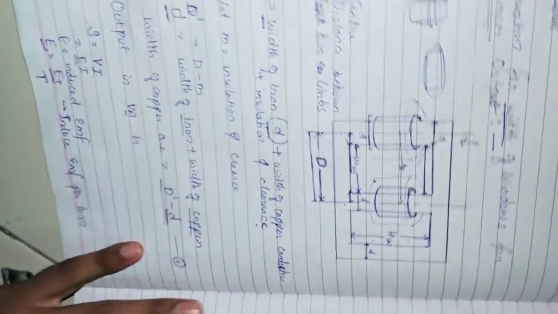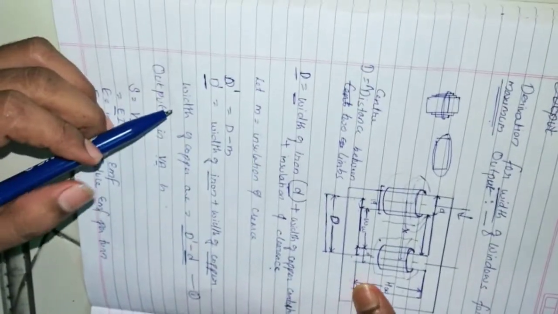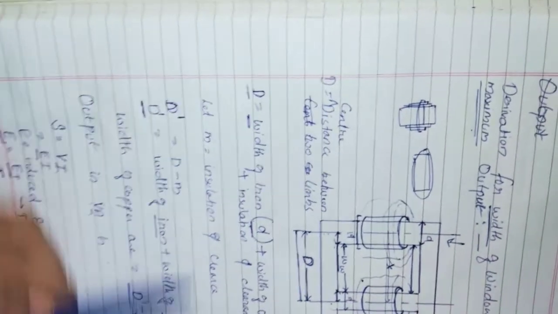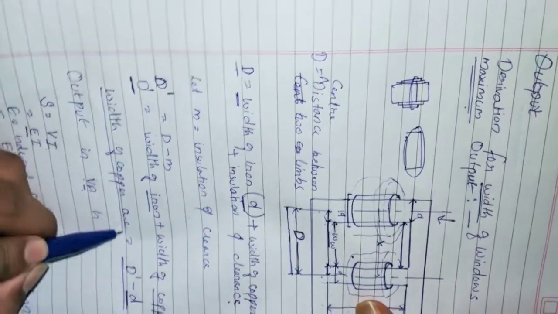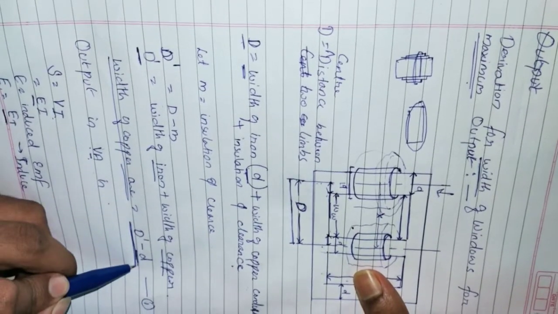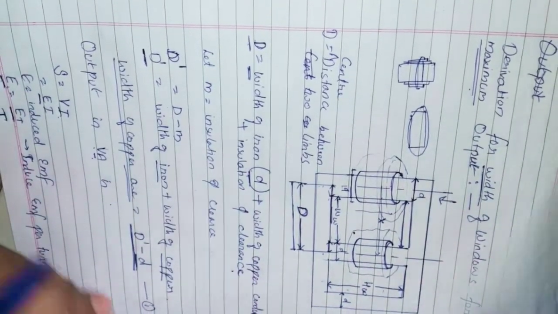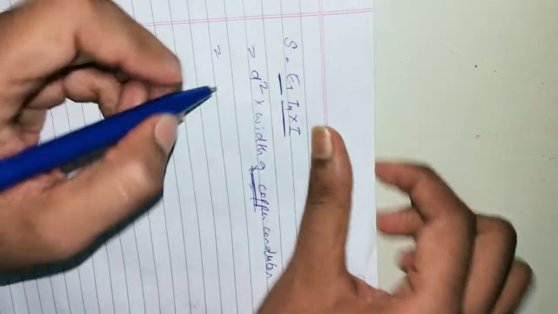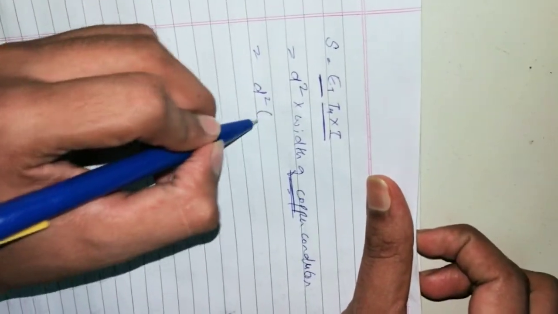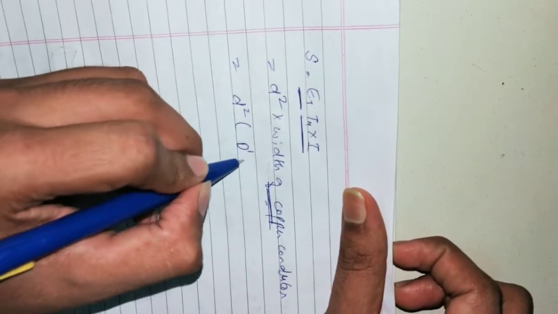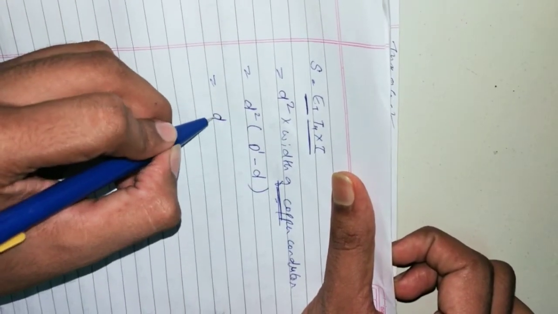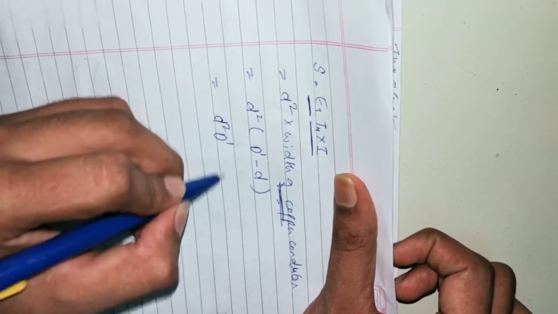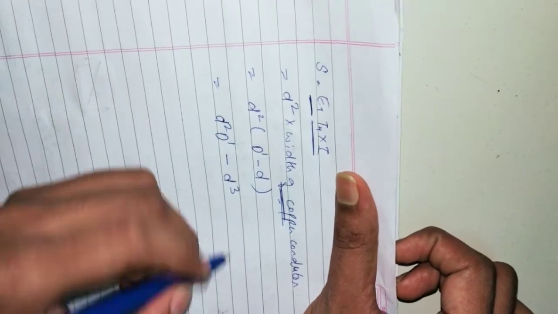This we already derived: width of copper conductor is D dash minus D. So same thing we can write D square into D dash minus D. So we will be getting D dash into D square minus D cube.